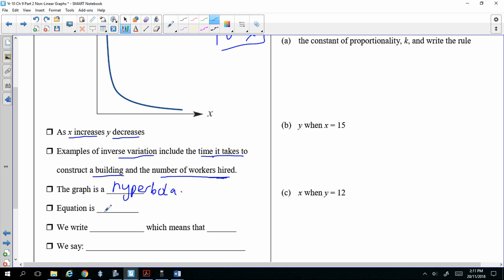So we write y is inversely proportional to x, which means that y equals k over x.